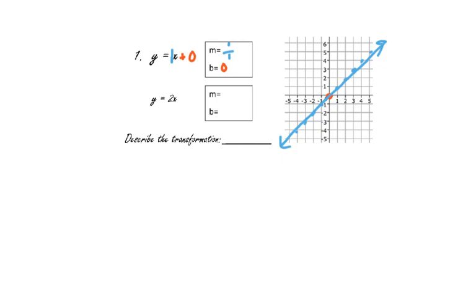In my new equation, my slope is now a 2. My m is 2. There's still no number in the back, so the b is still 0. So in this one, I'm going up 2 and over 1, up 2 over 1.